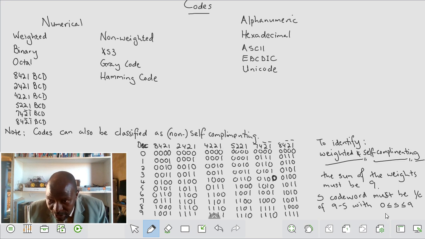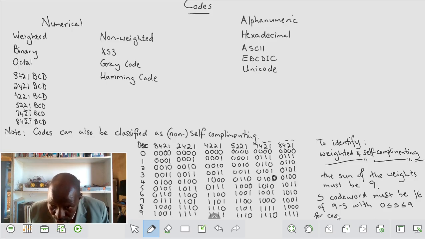So S must range from 0 to 9 inclusively, and if the code word of S is 1's complement of the code word of 9's complement of S, then that code is self-complementing.